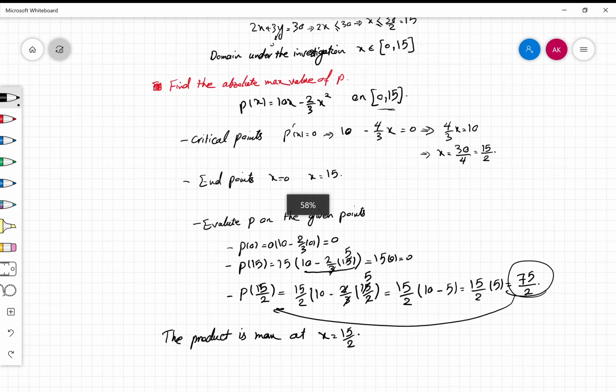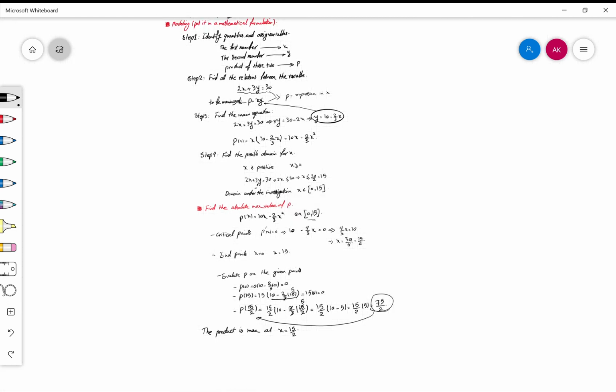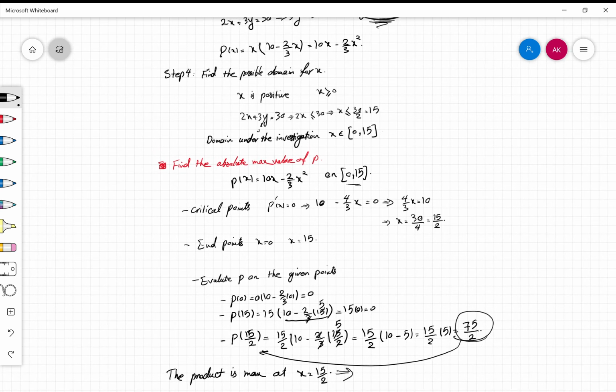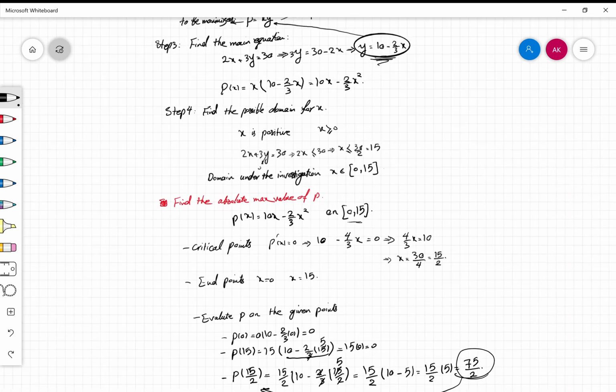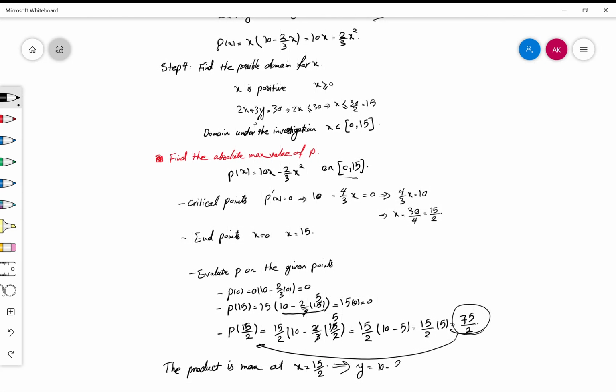We were looking for two numbers x and y which have those properties. We found x. Now we can use the relation we already found to get y: y equals 10 minus 2/3 of 15 over 2. This cancels with that, you get 5 there, and 10 minus 5 is 5.